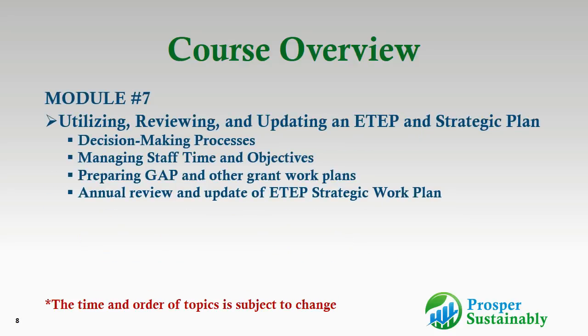In Module 7, we're going to cover utilizing, reviewing, and updating your ETEP and strategic plan. Some of that we'll actually cover a little bit today, but how you make decisions, how you'll manage staff, time, and objectives, preparing your GAP and other grant work plans, and your annual review.